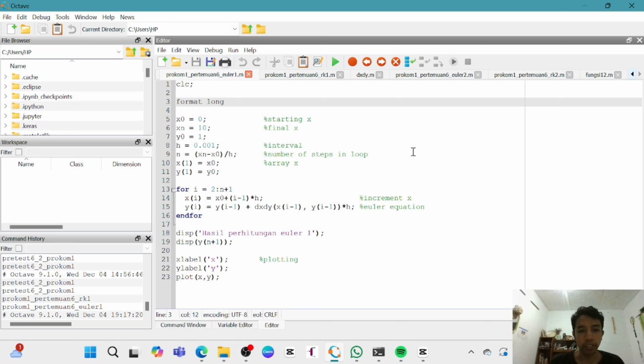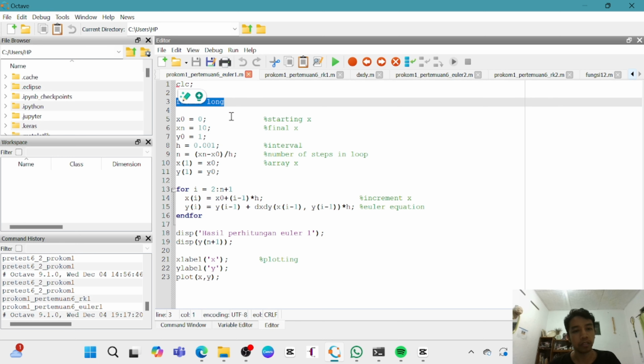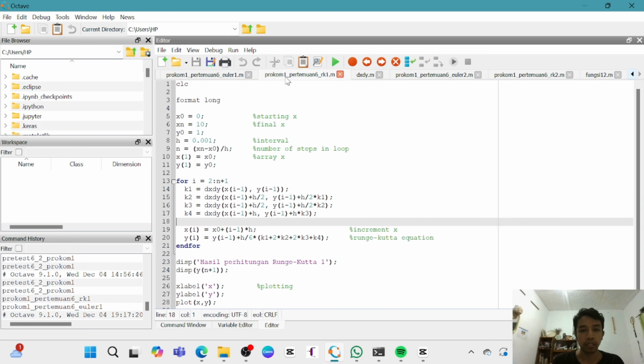Okay, sorry, there is a correction for the code for the Euler code and Runge-Kutta. Don't forget to add format long after clc, so our output is going to be format long. In Runge-Kutta also format long.